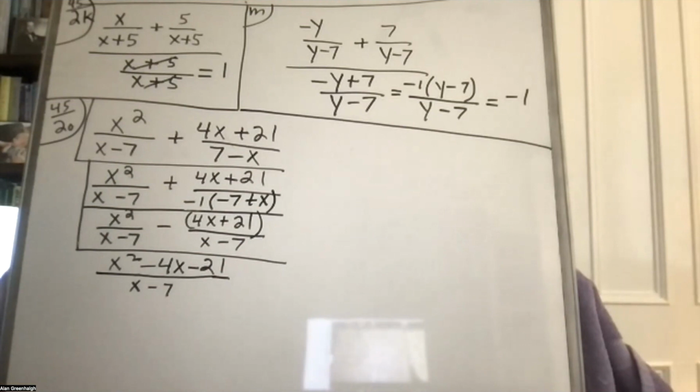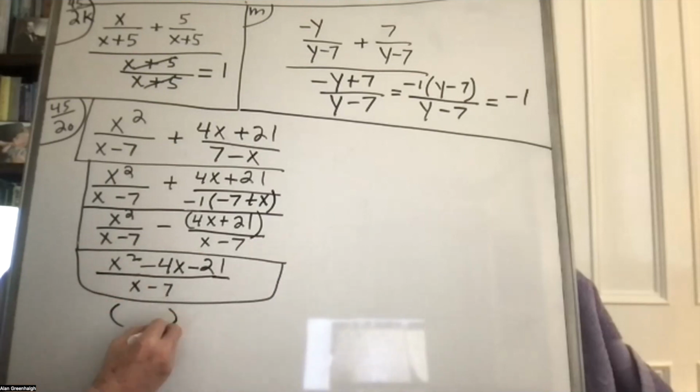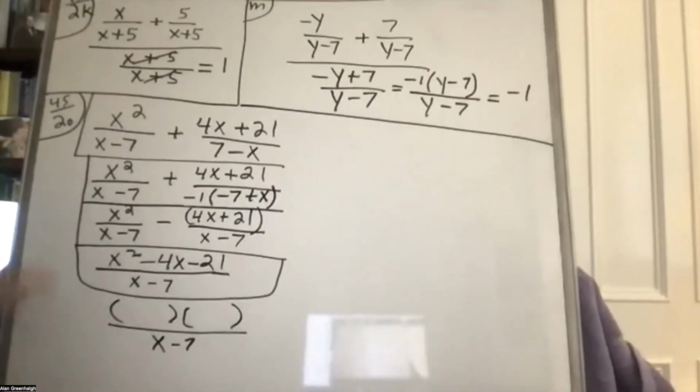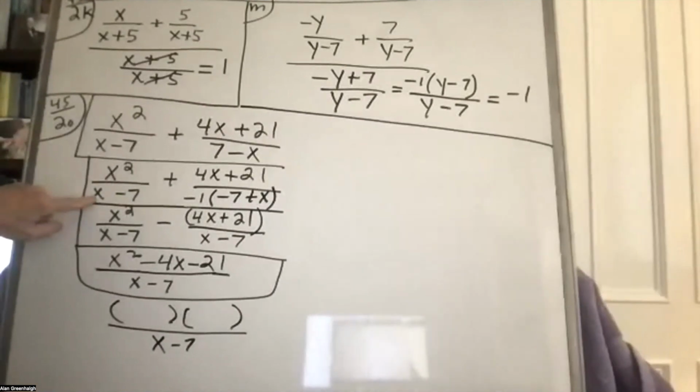And now, in this state, we can factor the numerator. Professor, Yes. What if I factored out -1 from the x minus 7 that's below? Yes.